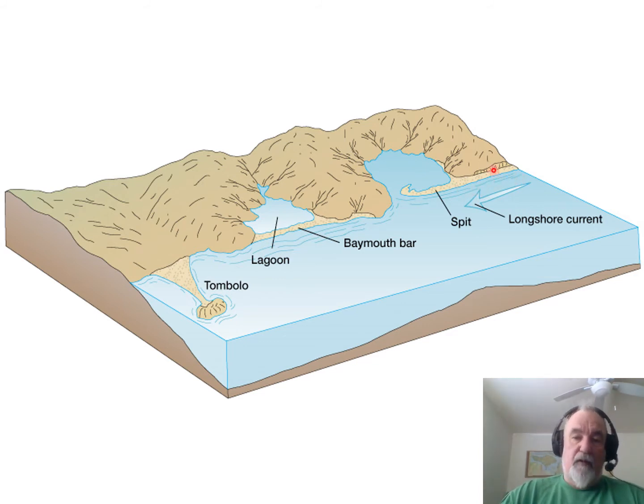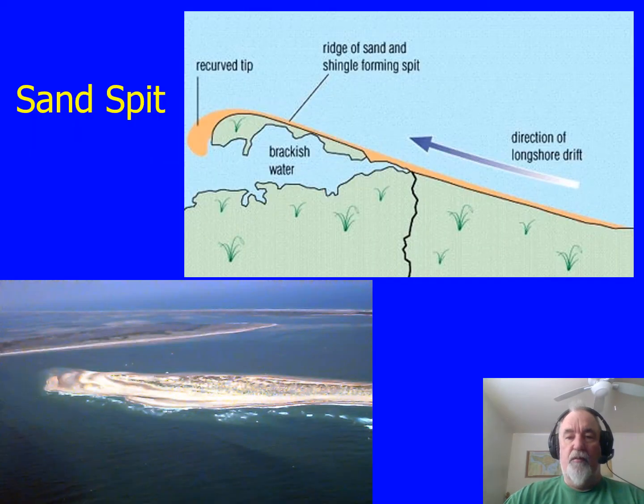We get sand building up into a spit. So a sand spit will be the result of longshore current in this case here. So sand spits are very common features along coastlines.